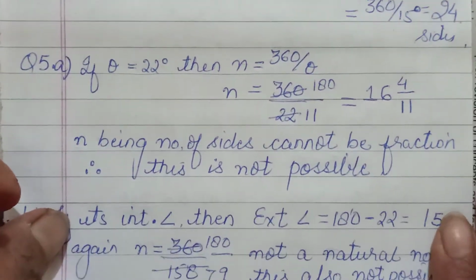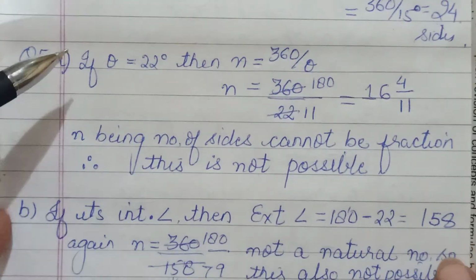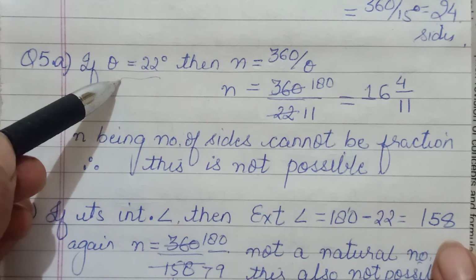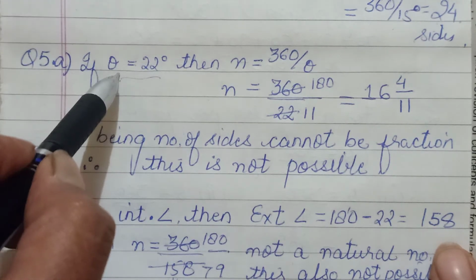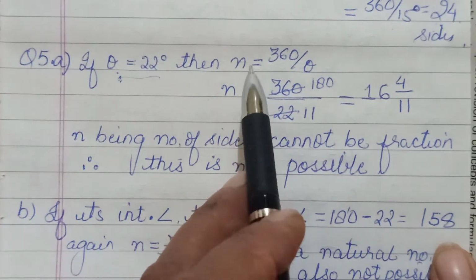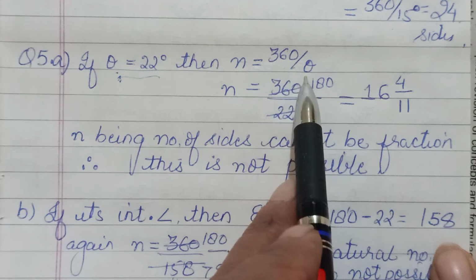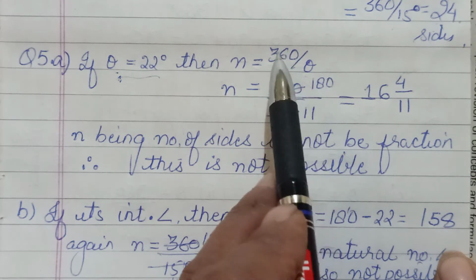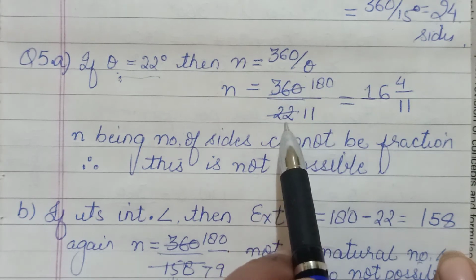Okay. Then the fifth question is that they had given you a measure that the angle is 22 degrees. Is it possible for any polygon to have the exterior angle as 22? As we know, the number of sides is obtained as 360 upon the measure of the exterior angle. So 360 upon theta, theta was given to you as 22.